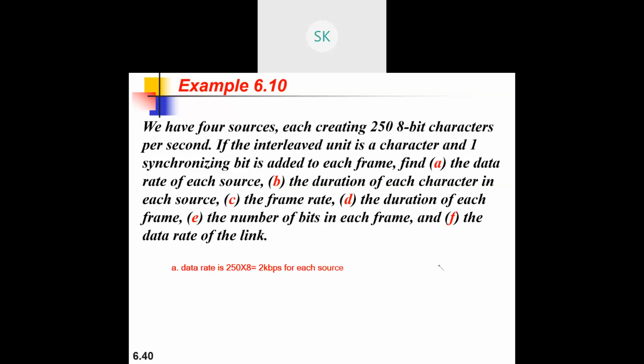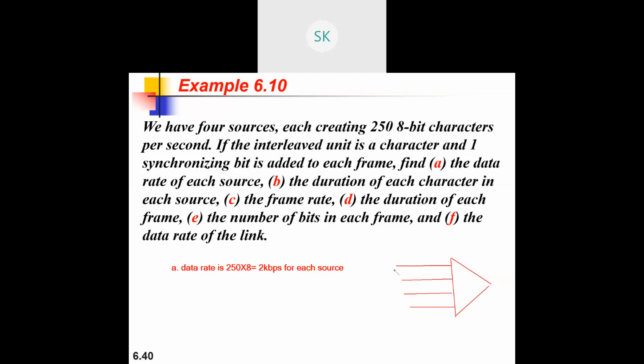Now we need to find the data rate of each source. Second question, the duration of each character in each source. That is, 4 sources are there, right? So in each particular source, what is the duration of each character? I need to find it. After that, the frame rate, the frame that you are transmitting.